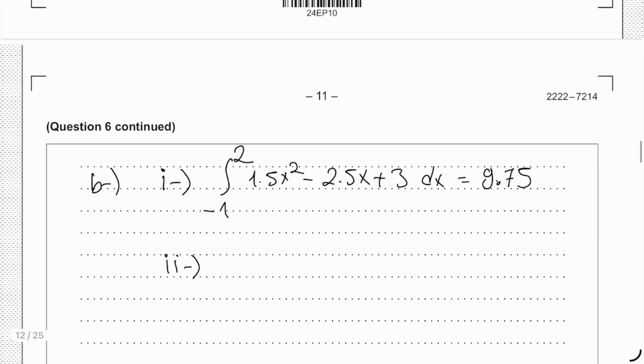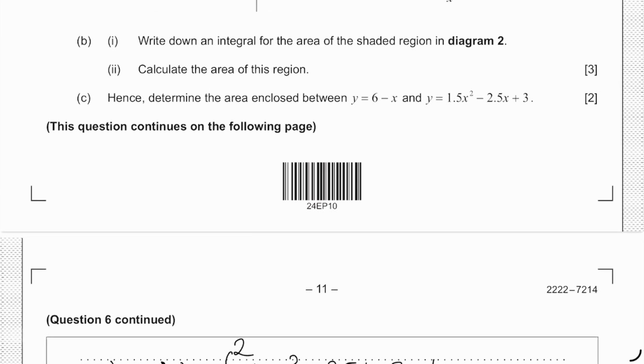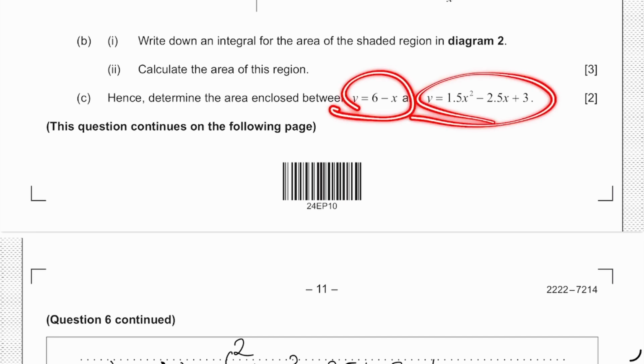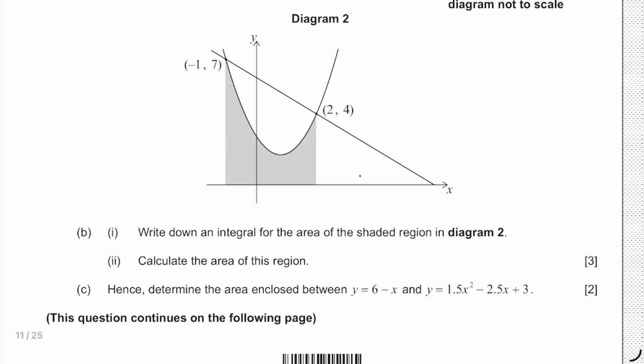Part C, 9.75. You can just write it here, right? Hence, determine the area enclosed between this line and this curve. Which means enclosed by, which area is that? This area. So how can I find this purple area?